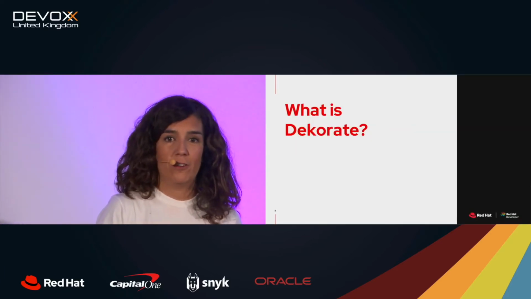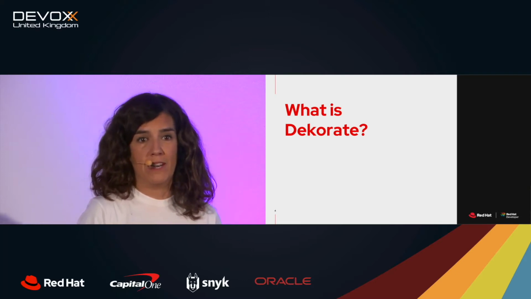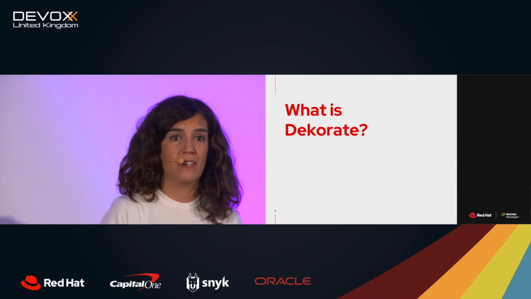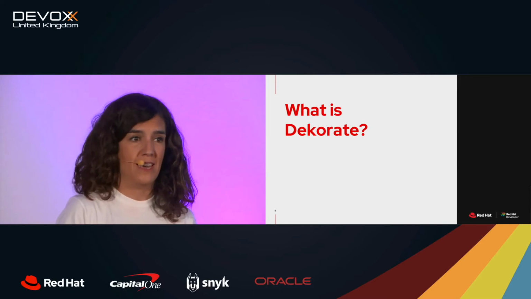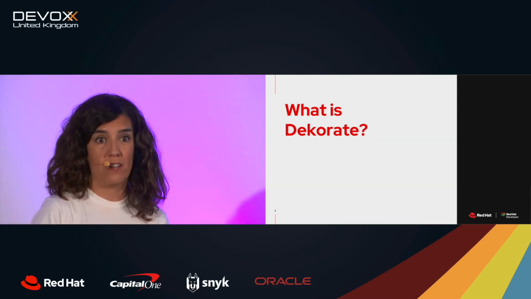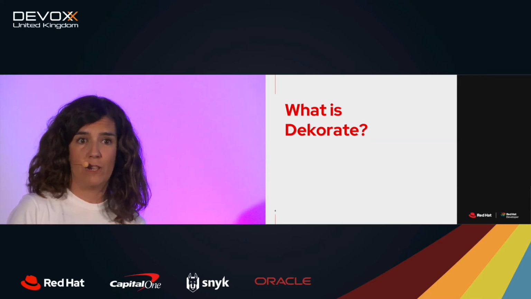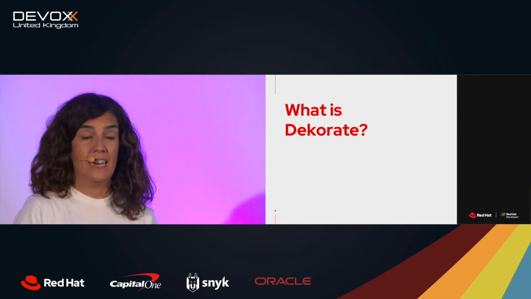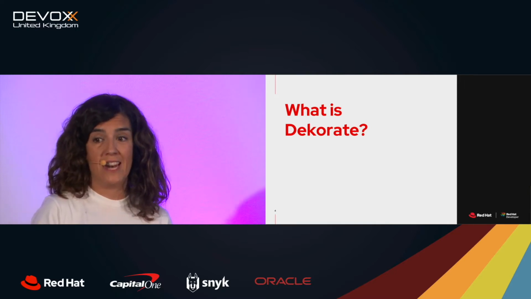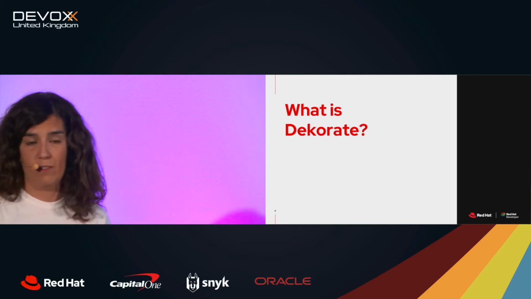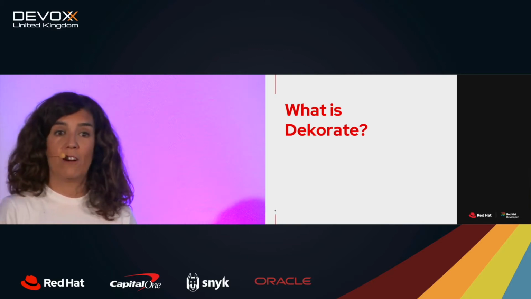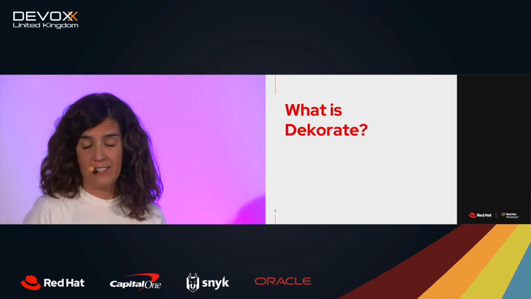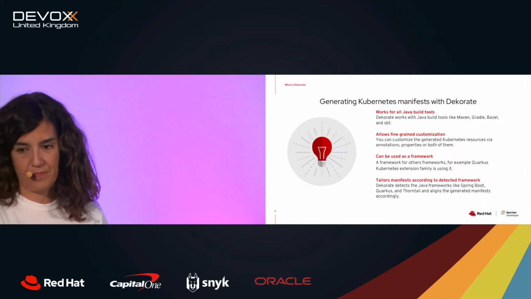Dekorate is a collection of tools for generating Kubernetes manifests. With Dekorate, developers don't need to edit any JSON or YAML files to customize manifests because Dekorate will do it for us. And it will do it as easily as adding a jar into the class path of our application. Dekorate supports vanilla Kubernetes and Red Hat OpenShift.